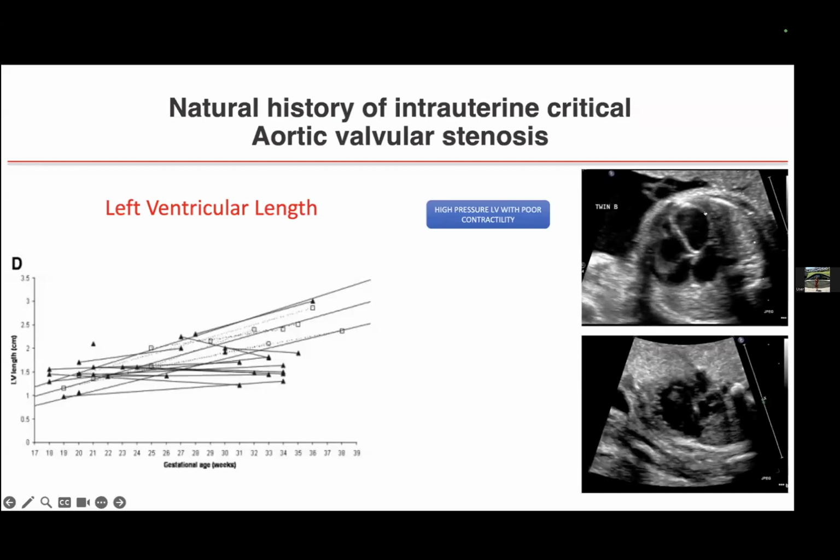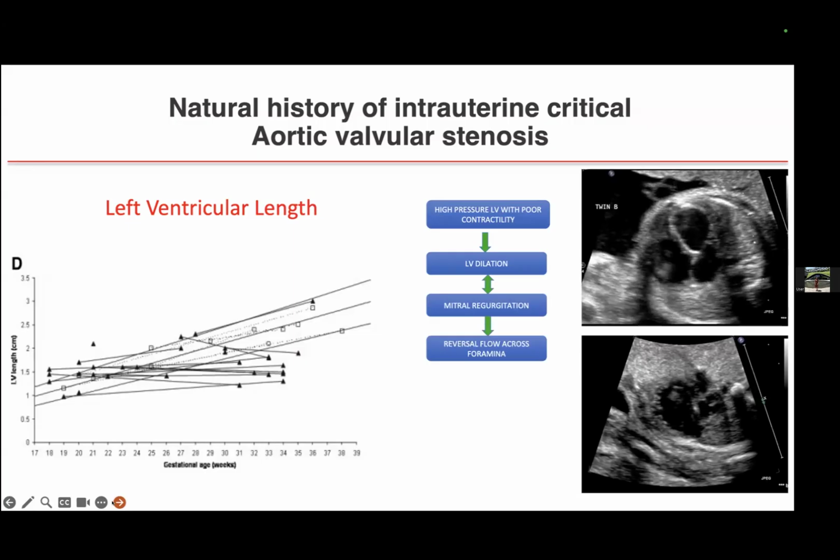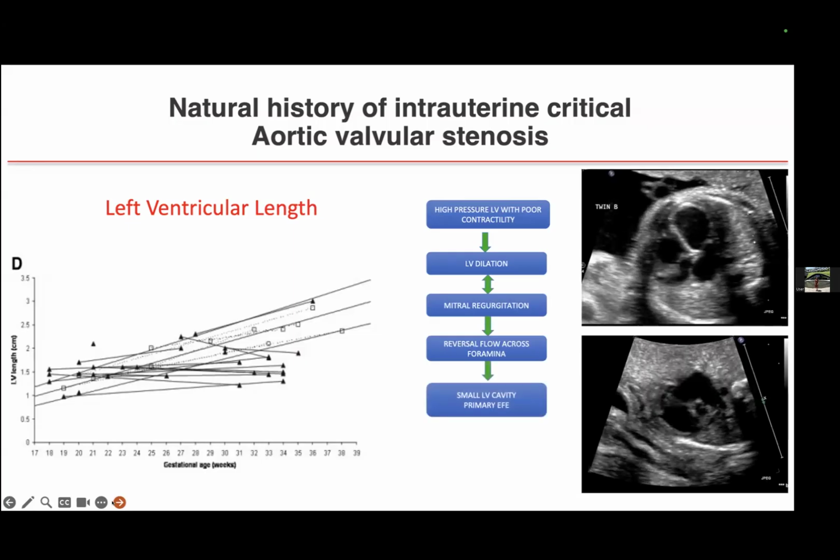But because there is a fixed outflow tract obstruction, left ventricular dysfunction starts, and therefore there is diastolic increased pressure and poor contractility, which will cause left ventricular dilation, which might lead to mitral regurgitation, which would add flow reversal in the foramen ovale and would ultimately become the small left-sided cavity, and it is also aggravated by primary endomyocardial fibroelastosis.